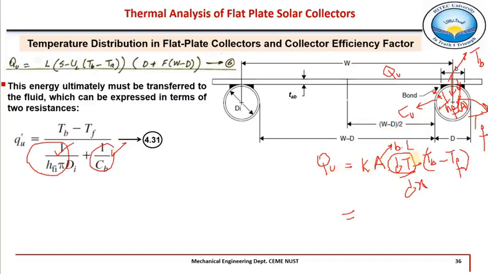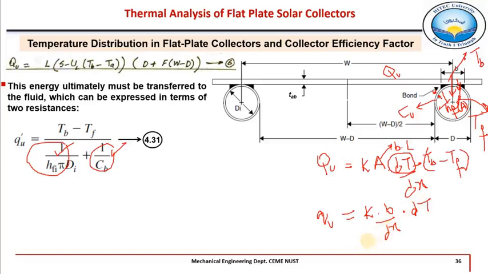So that is the heat transfer equation through this welded bond only by conduction, and we can write it in terms of per unit length. That will be K into B over dx into dt, the temperature difference.